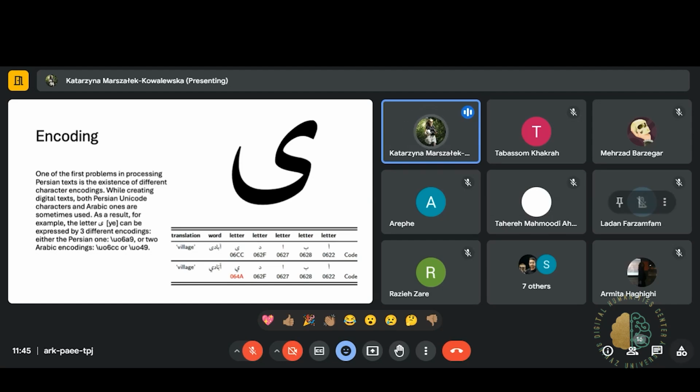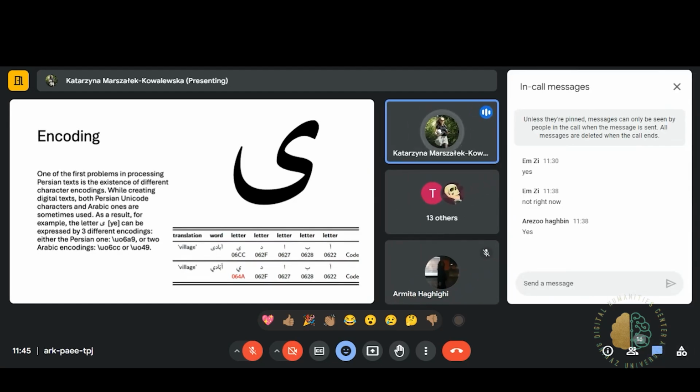Okay, so one of the first problems in processing Persian text is the existence of different character encodings. When we create digital text, different encodings can be used. In this case, users are using either the Persian encoding characters or the Arabic ones.